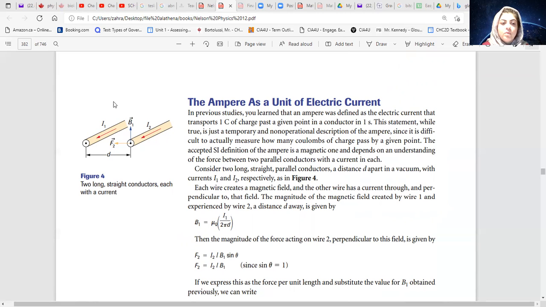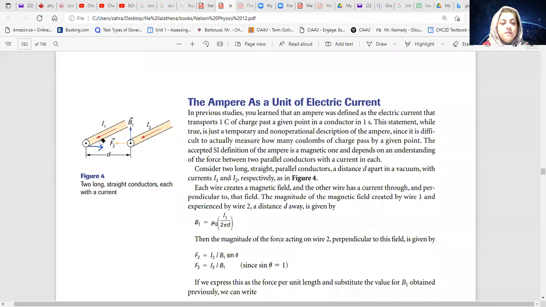Also, this wire will apply a magnetic field on the other wire, and this wire, with the presence of the moving charge in the external magnetic field, will feel a force. If the directions of these 2 currents are the same, they will be attracted to each other. It means this force is going in this direction, and this force is going in this direction.